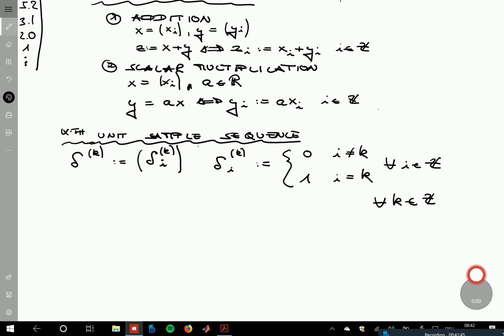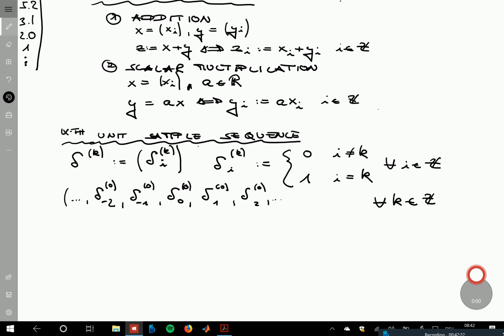So an example for the kth unit sample sequence would be the following. It's infinite, and then we have, let's say, delta 0, because this is an important thing. -2, -1, delta 0,0, delta 0,1, delta 0,2, and then it's going on.